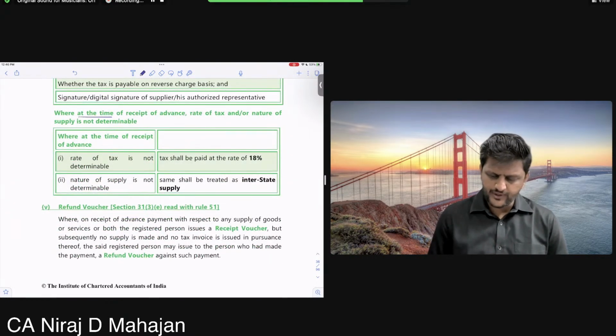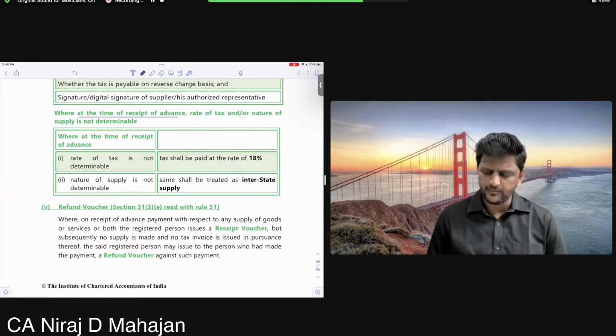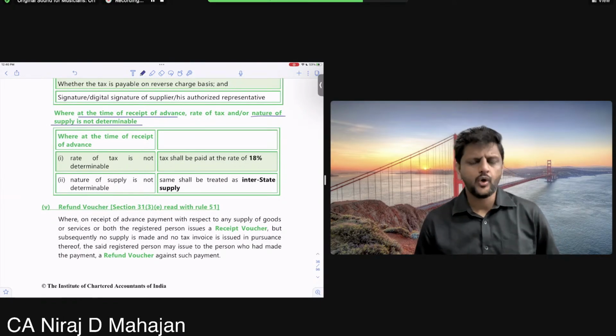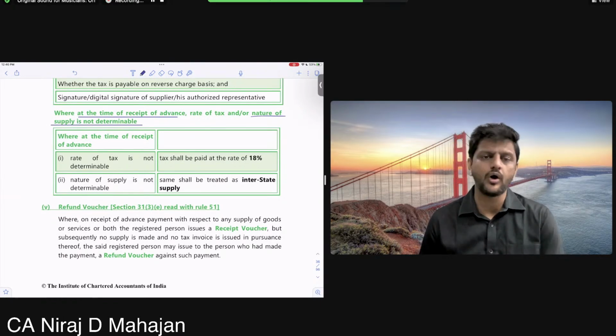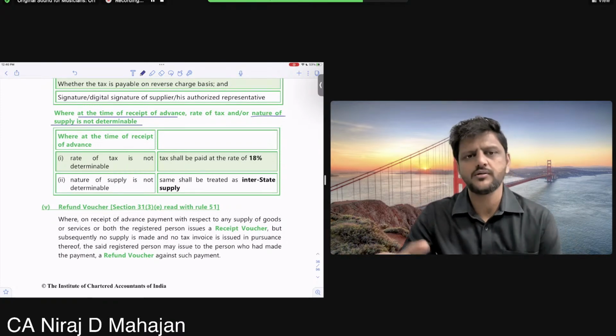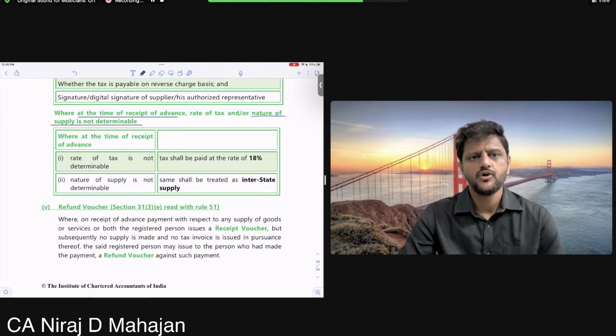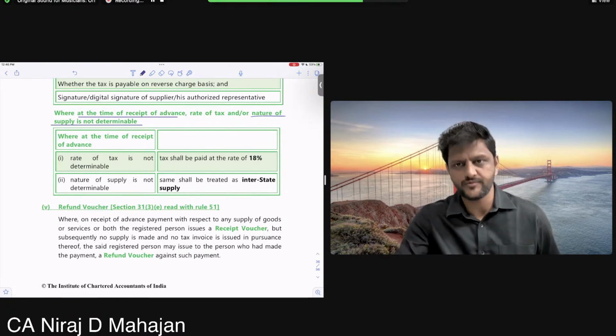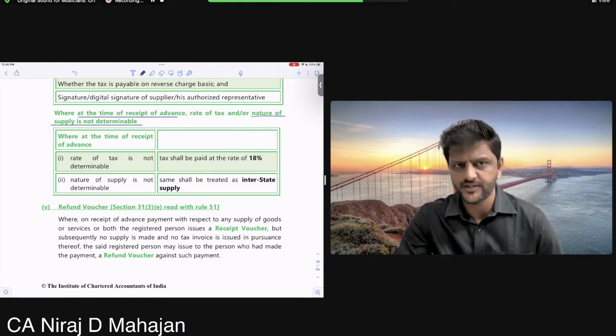Where at the time of receipt of advance, the rate of tax and/or nature of supply is not determinable. You're doing some kind of composite supply, or there can be cases when the customer wants lots of items, but has not yet decided what all items he wants. So there can be a mix of supplies, and we don't know what the actual supply will be in future. But right now, since we have received the money, we will give the receipt voucher.